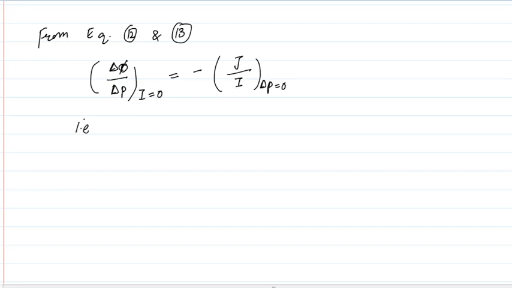That means we can simply write SP is equal to negative of EOP. So this is equation 16. This equation is also known as Saxon's relation.